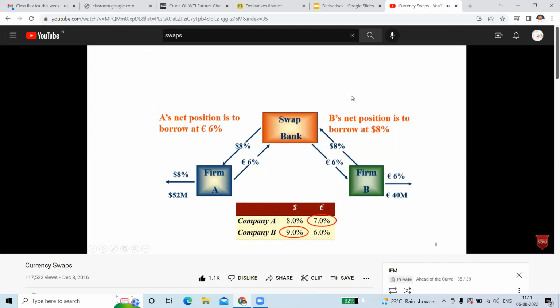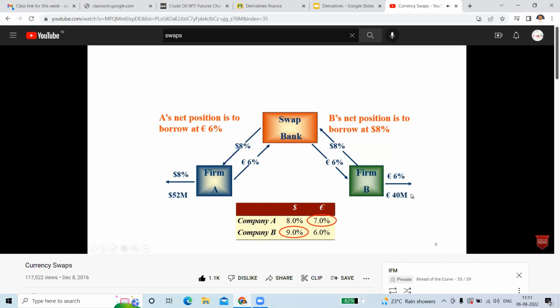So this swap allows both of the firms to benefit from borrowing where they have an advantage and swapping with a firm that borrows where they have an advantage. So in this case, the U.S. firm borrows in the U.S. and borrows in dollars.